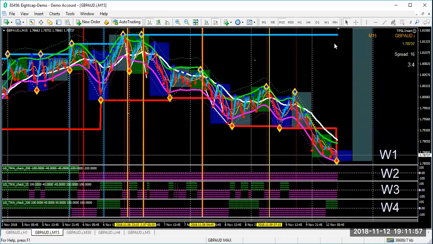Okay, so there's a couple of questions already. Just to answer Sylvia's question, how come they're all red lines and no blue lines?